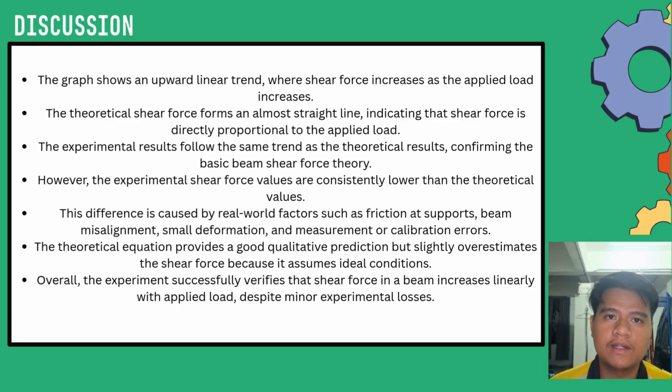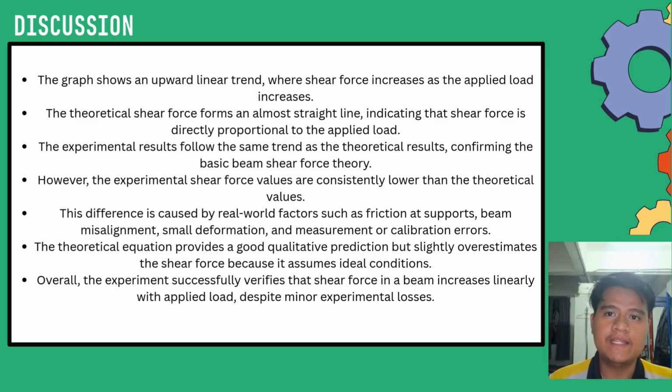Next, when we compare the experimental and theoretical results, we notice that the experimental shear force values are consistently lower than the theoretical values. However, both results follow the same increasing pattern.